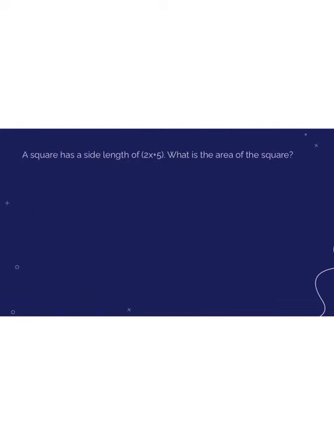Okay, we can use word problems with these too. So it says a square has a side length of 2x plus 5. What's the area? Well, remember, area equals length times width. Okay, and if it's a square, we know that squares are the same on all sides. So if this is 2x plus 5, this also is 2x plus 5.